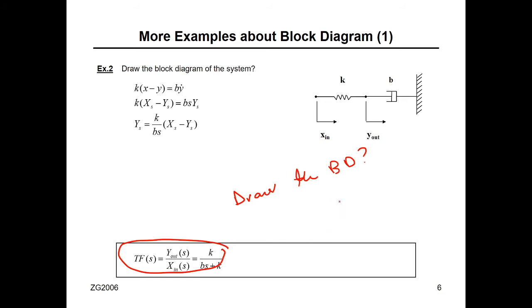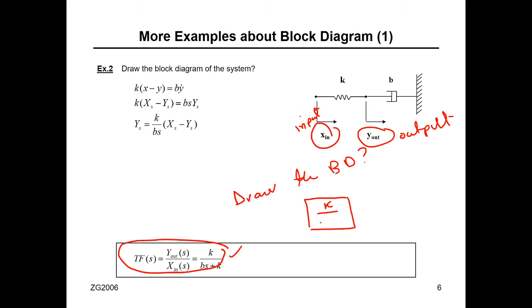So this is the transfer function in between. When you want to draw the block diagram, you need to know what's the input and what's the output. In this problem, he said this is the input and this is the output. We derived this equation last time, so this is the transfer function, k over bs plus k.